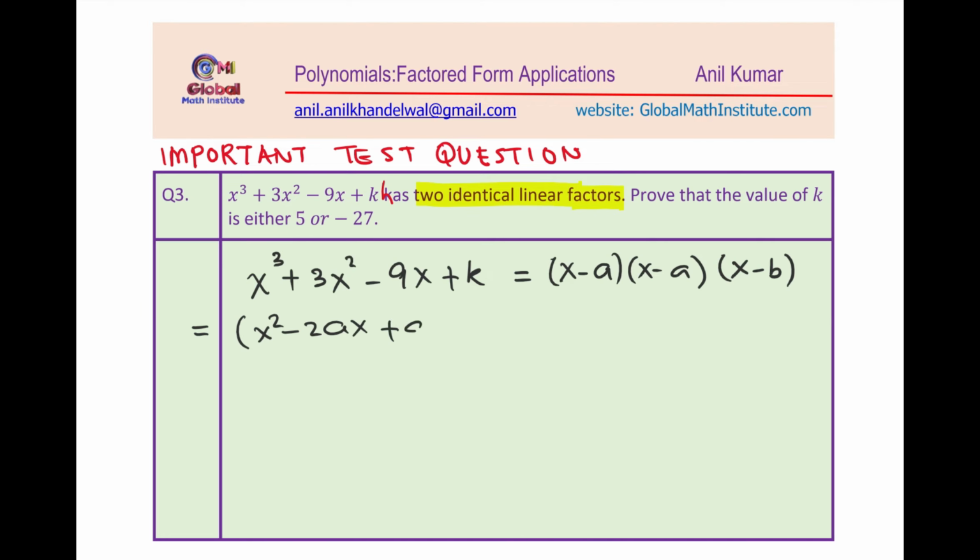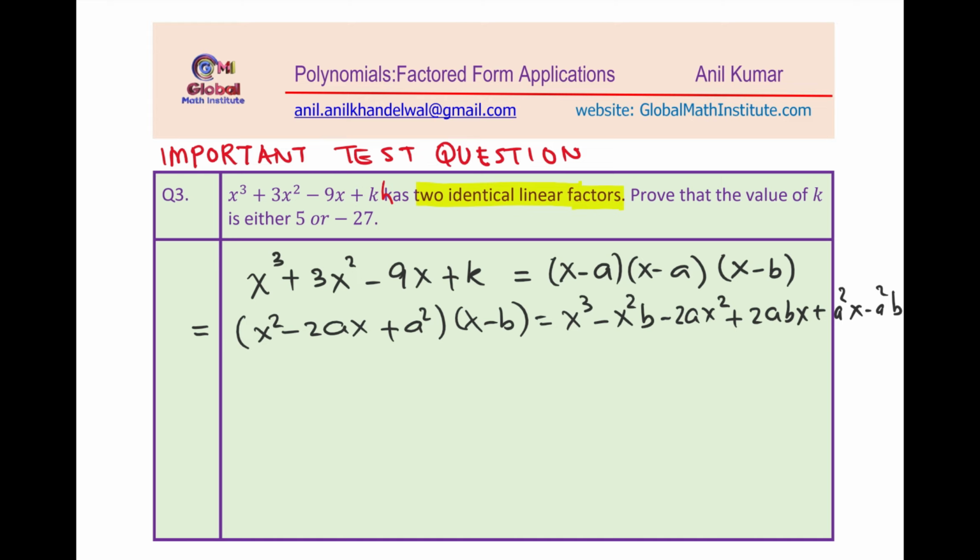And when you open this up, you get 6 terms, and these terms are x cubed minus x squared b, multiplying with minus 2ax we get minus 2ax squared, and with b we get plus 2abx, and with a squared we get plus a squared x, and we get minus a squared b. So these are the terms which you get.